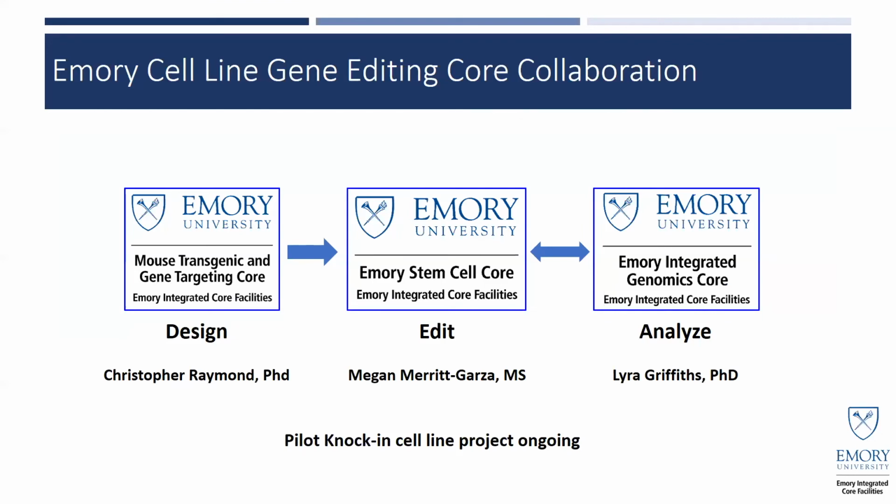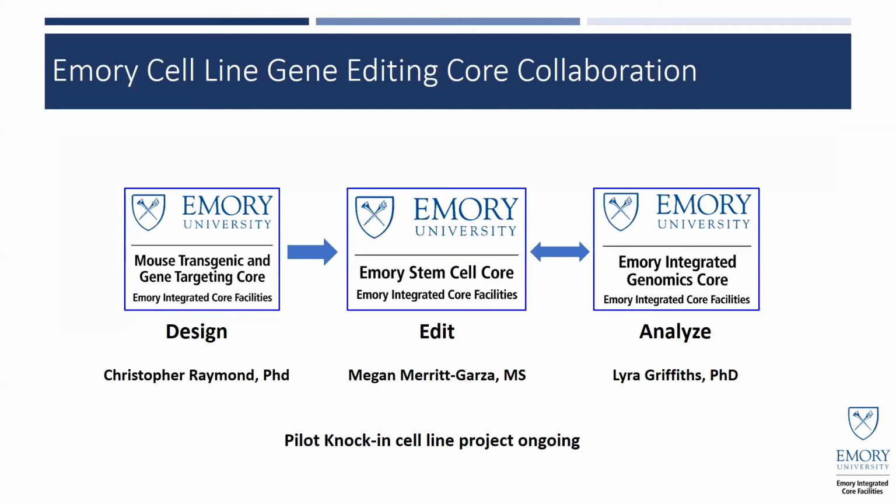So right now, the core of the collaboration looks something like this. I was formerly with the transgenic core, and my background is in genetic engineering, so I do a lot of the design of the guide RNAs and donor sequences.